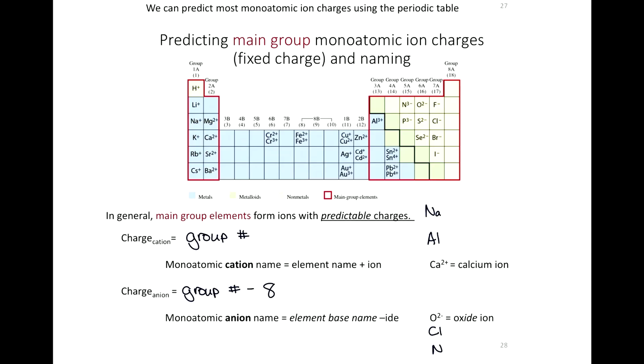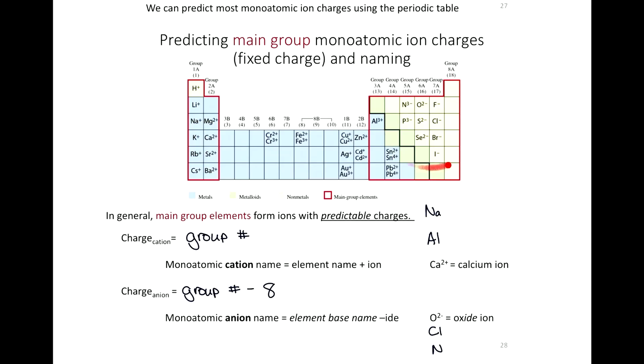You don't memorize that. You memorize that magnesium is in group 2A, so it's going to adopt a +2 charge. So those are cations. The name of these cations is just the element name and the word ion. So if I'm talking about a charge-neutral calcium atom, I say calcium atom. But if I'm talking about the calcium 2+, I just call it calcium ion instead.